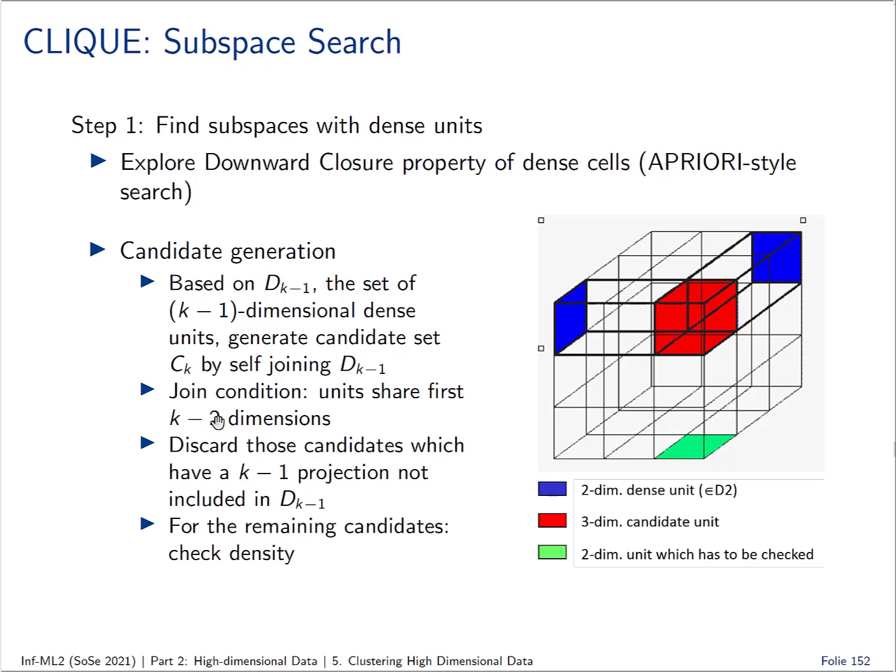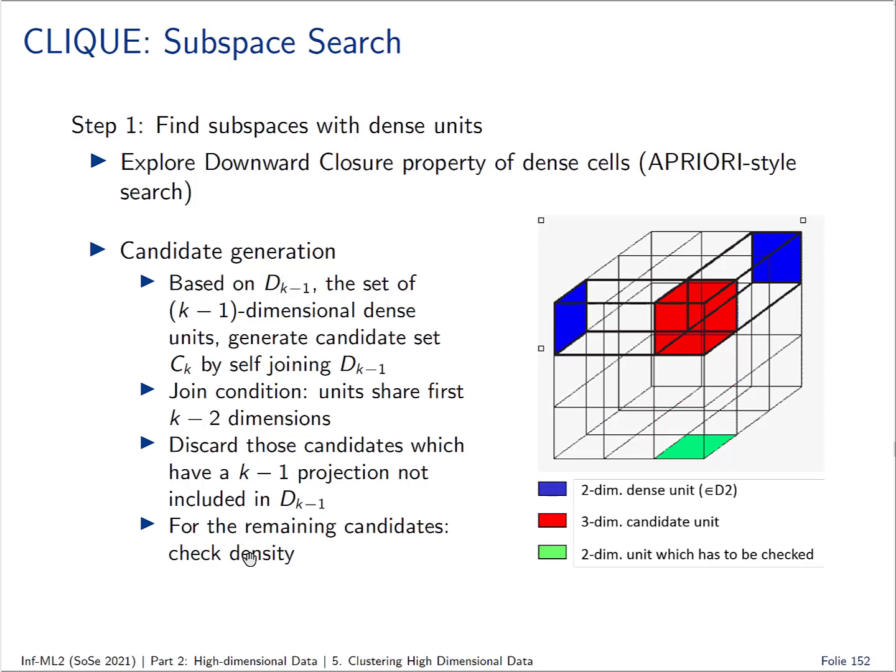And so we do that with the join, and then after the join we can even disregard those candidates which have a k-1 dimensional projection that is not included in the set of k-1 dimensional dense units that we already know. And for the remaining candidates we still have to check the density, because it may be that they are not dense, but at least they can be.